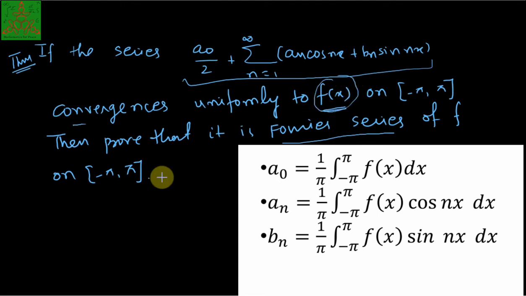For functions there are two types of convergence. One is pointwise convergence, and another is uniform convergence. Pointwise convergence means the series is converging point by point, and every uniformly convergent series is pointwise convergent, but the converse is not true. I am giving you a definition of uniform convergence of a series.